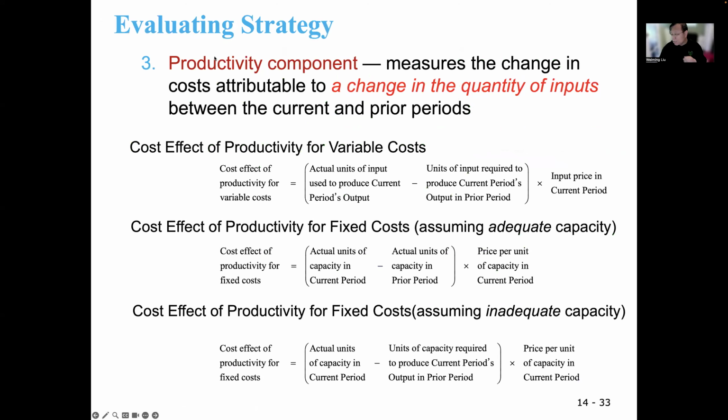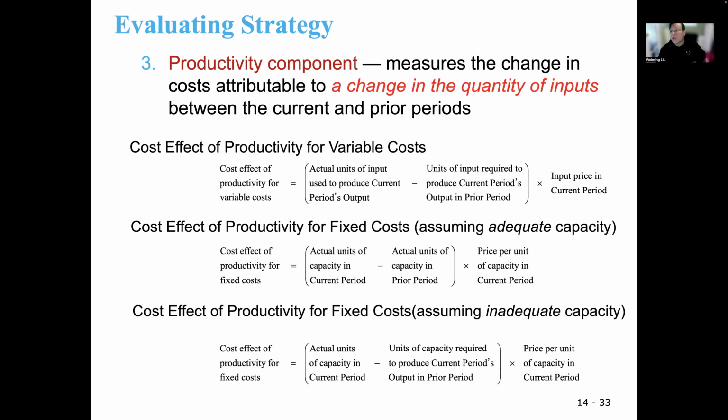The last component is the productivity component. This measures the change in cost attributable to a change in the quantity of inputs. Productivity is related to the cost, so this component has no effect on revenue.